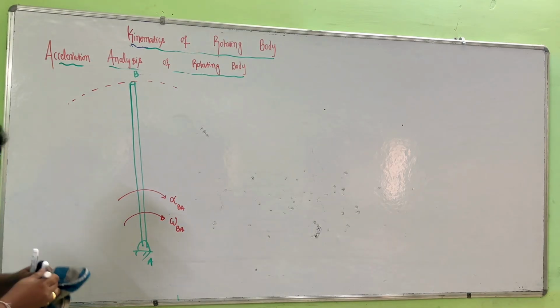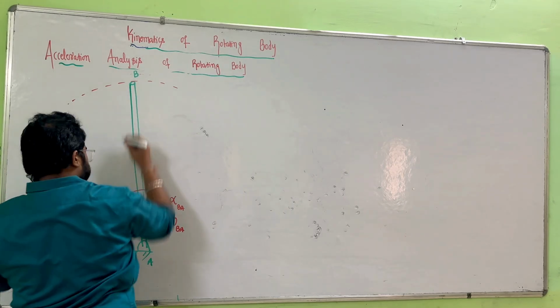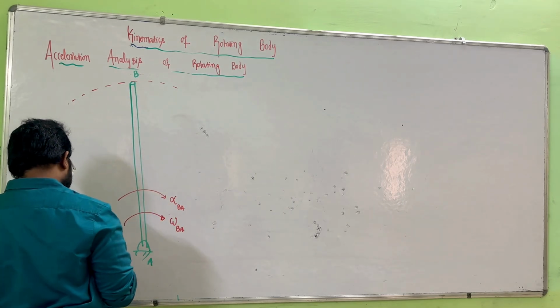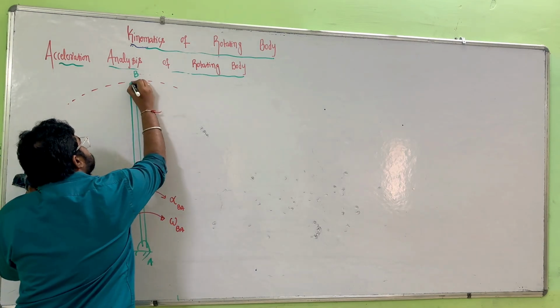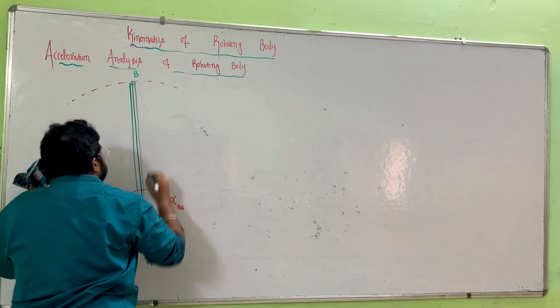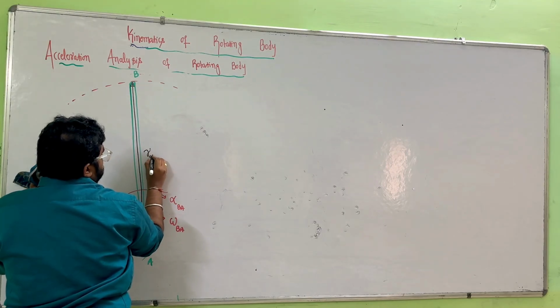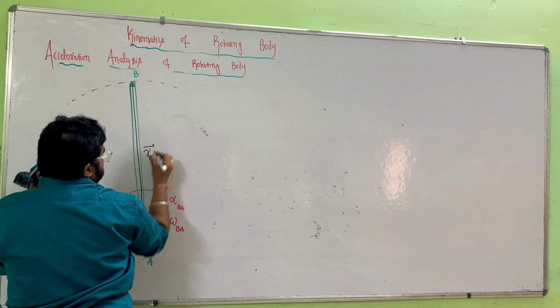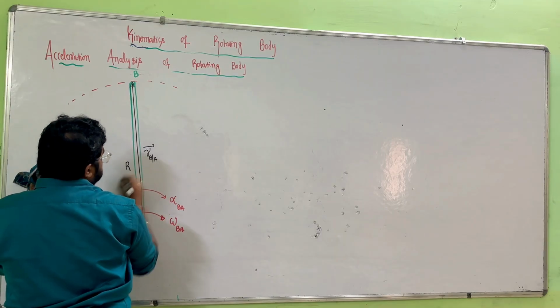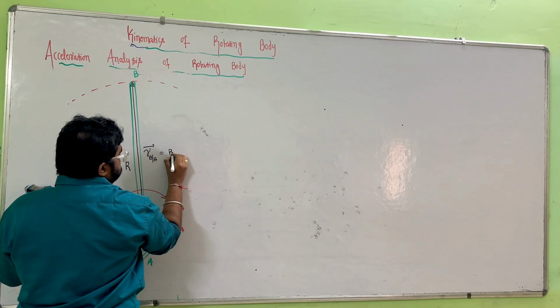What is the position vector? Position of point B with respect to point A. That is the length of the radius of rotation of the rigid body, R J cap.